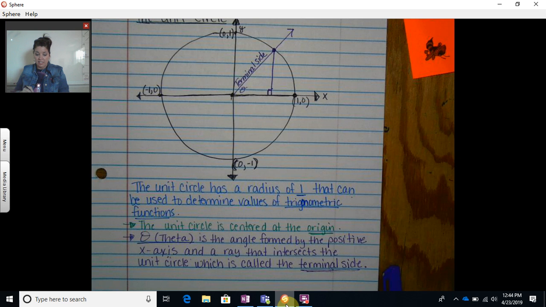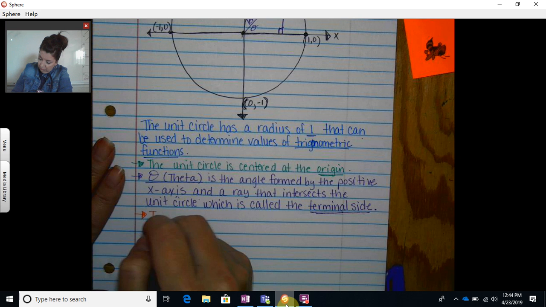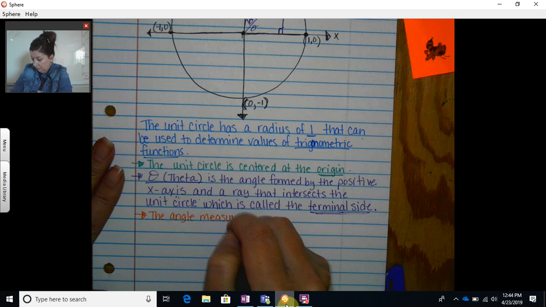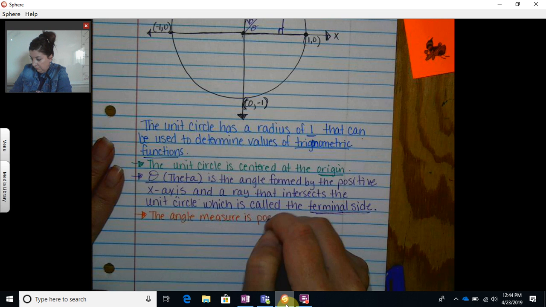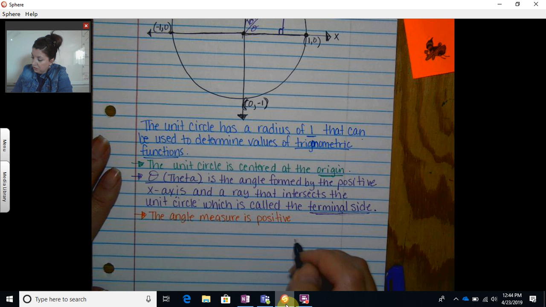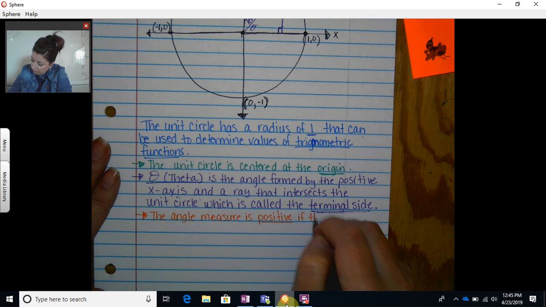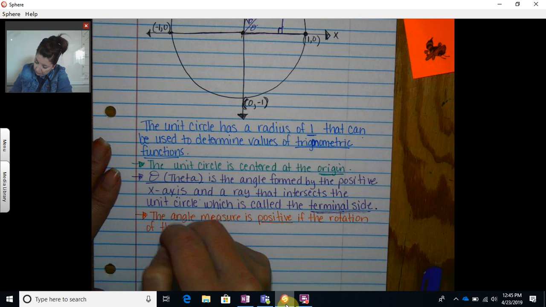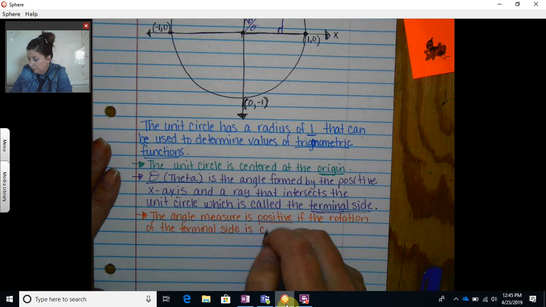The angle measure is positive if the rotation of the terminal side is counterclockwise.